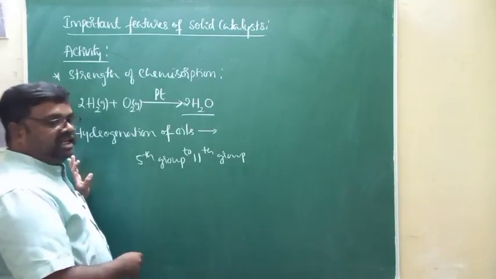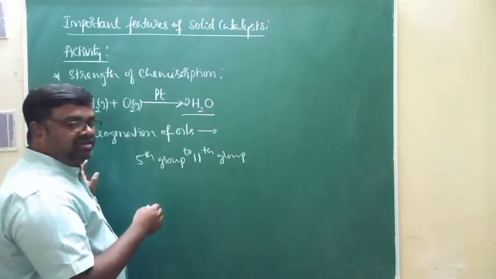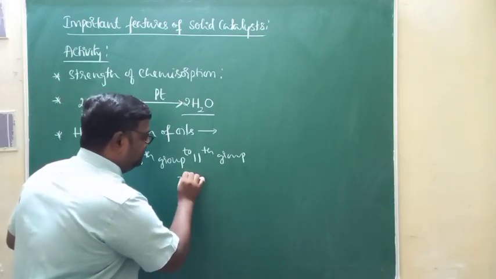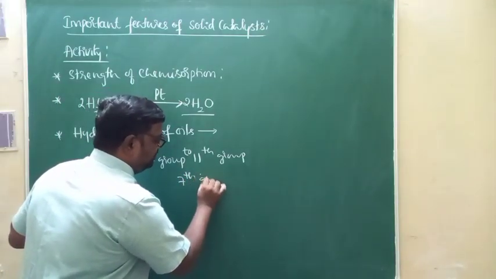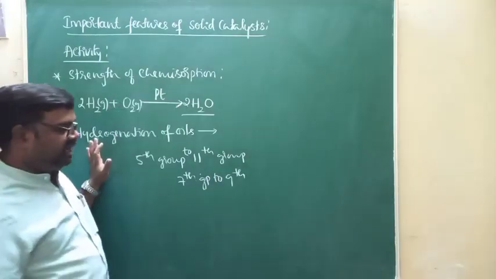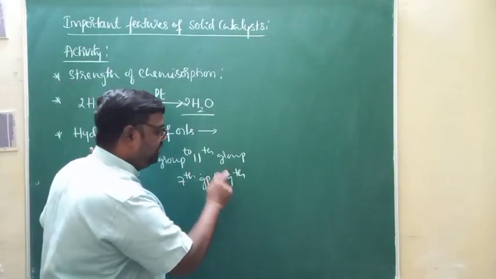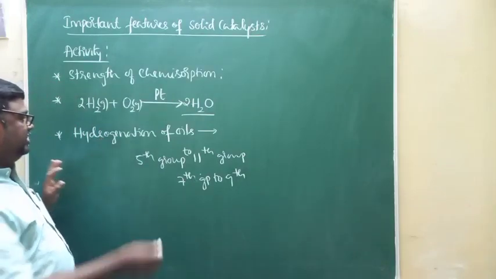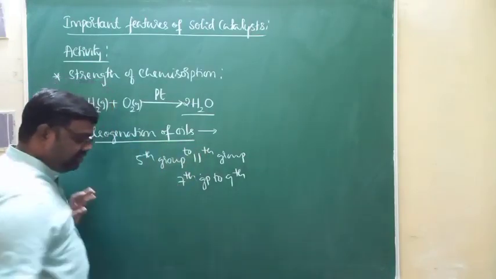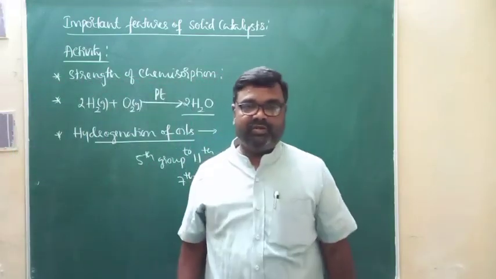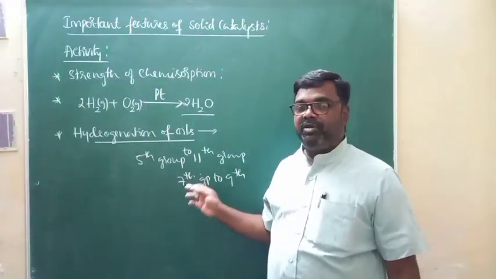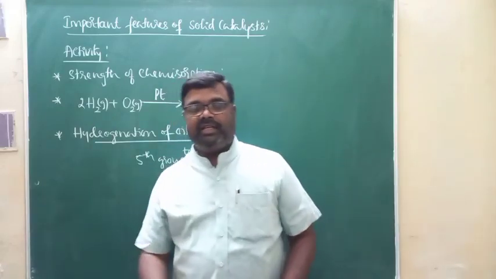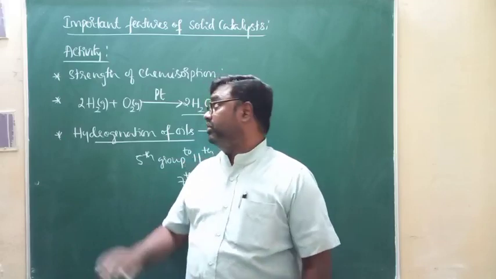And it has been found that catalytic activity of transition metals will be maximum for the elements belonging to 7th group to 9th group. The elements belonging to 7th group to 9th group of the periodic table will show maximum catalytic activity with respect to the hydrogenation of oils. Because of that, hydrogenation of oils will be carried out by using elements belonging to the 7th group to the 9th group.